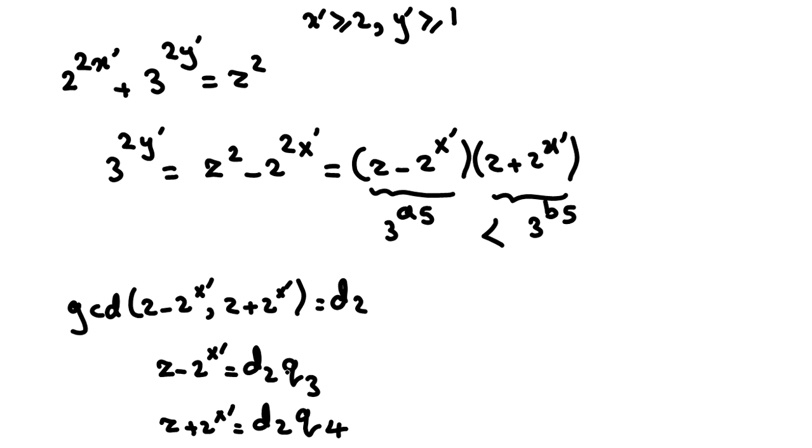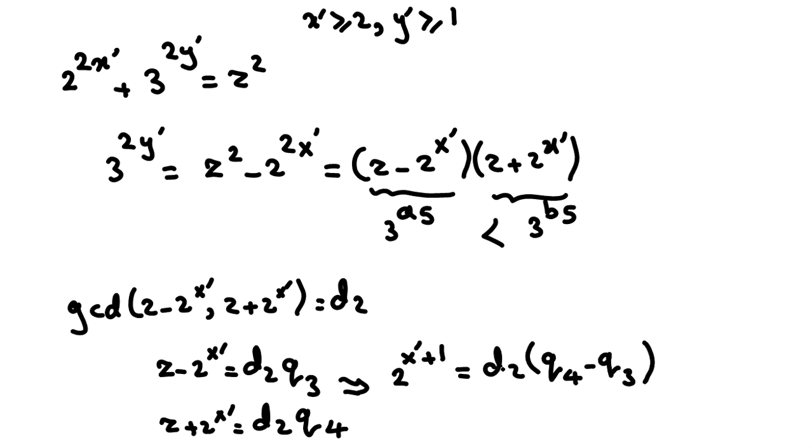But in the exam, if you write on your answer sheet, it's better to not write the same variable for different things. So here, if you add up these two things, 2z equal to d2 q3, or I think it's better to subtract. If we subtract this minus this, it will be 2 to the x prime times 2, which will be this, d2 times q4 minus q3.